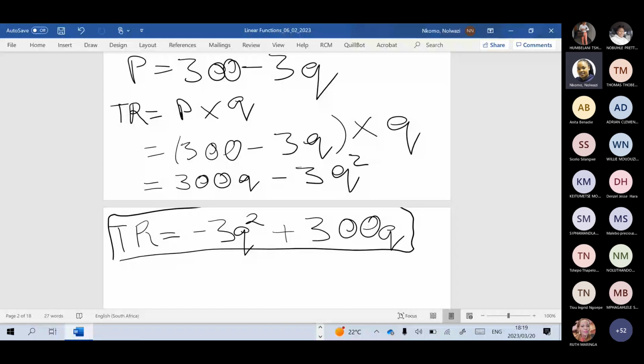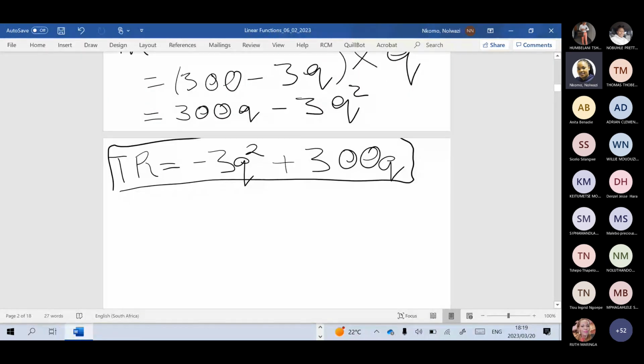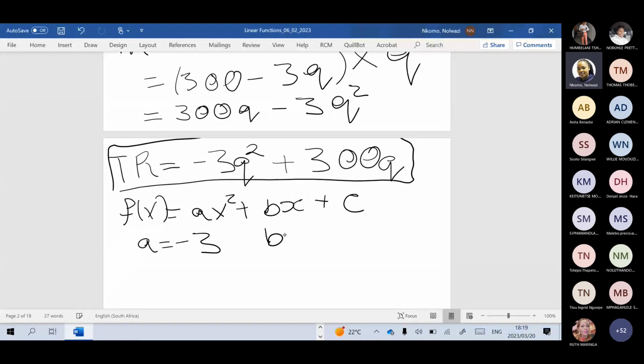But you see, if you compare this equation to a standard quadratic equation, which is f(x) equals ax squared plus bx plus c, you see here this means our a is equal to minus 3, our b is equal to 300, and our c is equal to 0, right?